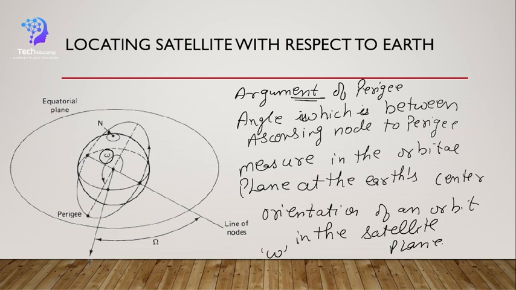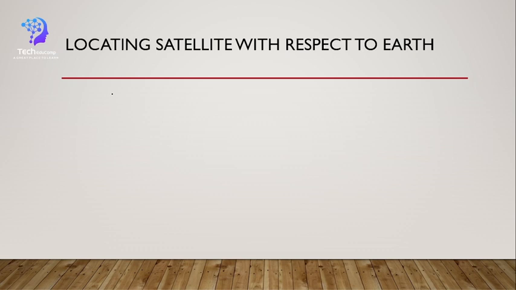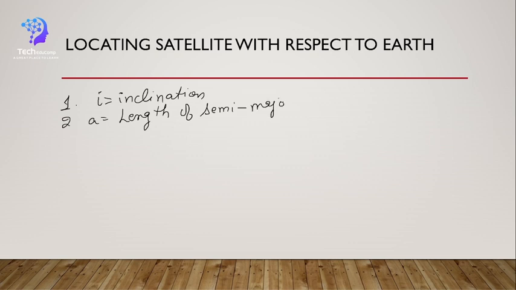Okay, so with this we can now summarize the parameters which can be used to define the satellite orbit in space. Number one is i, which is inclination. Second is a, which is the length of the semi-major axis.